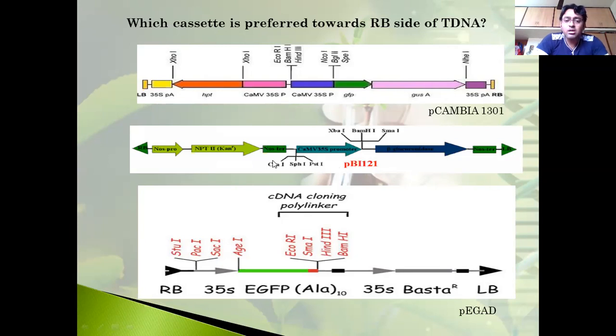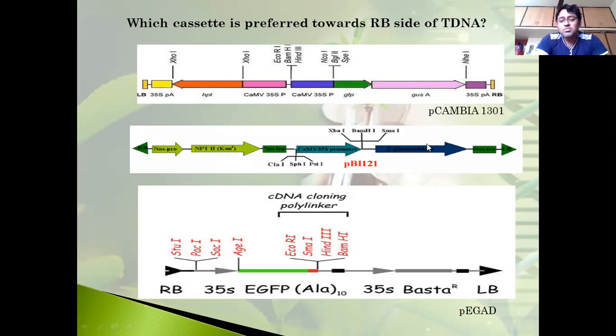Maybe the selectable marker is not integrated, but my gene cassette will be integrated. Although it will create some problem during selection, if a part of the selectable marker gene is also introduced, then I can at least select those plants on the basis of the transient expression of the selectable marker.